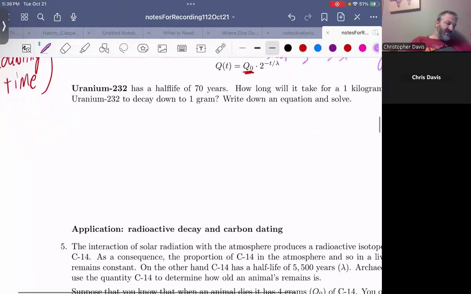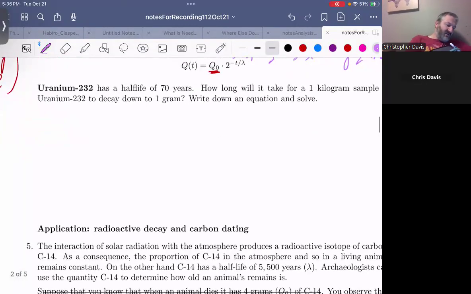We have everything we need to write down a formula. There's our initial quantity, Q0, 1 kilogram. I want to know how long it takes for this thing to decay down to 1 gram, so I'm going to set Q of T to 1 gram, and I want to know how long until. That tells me that I need to solve for T. So let's do that.